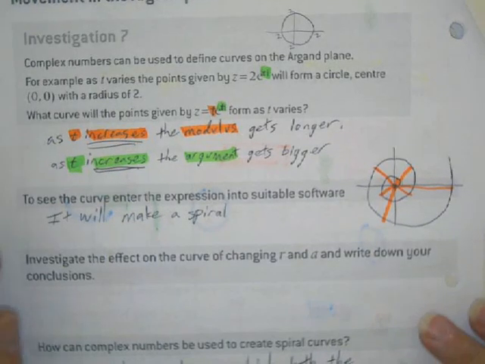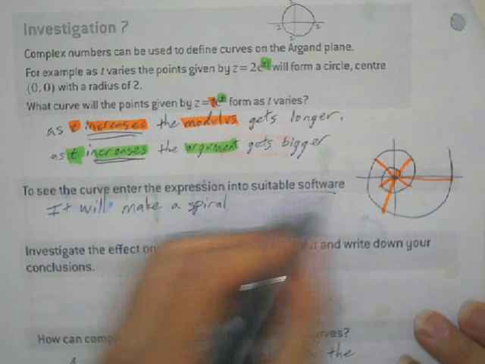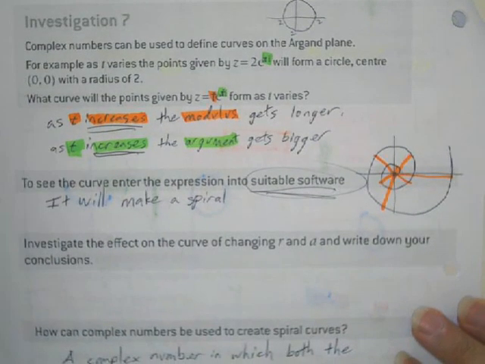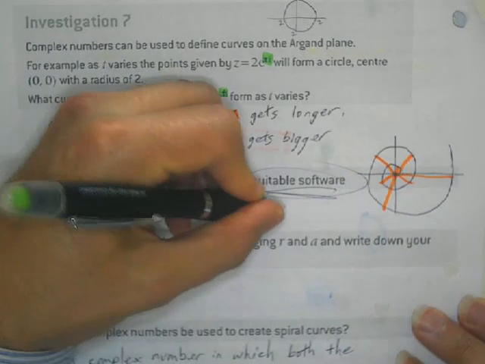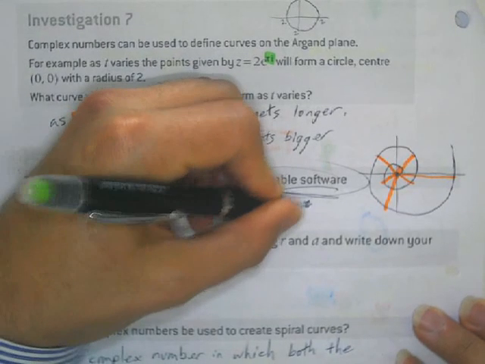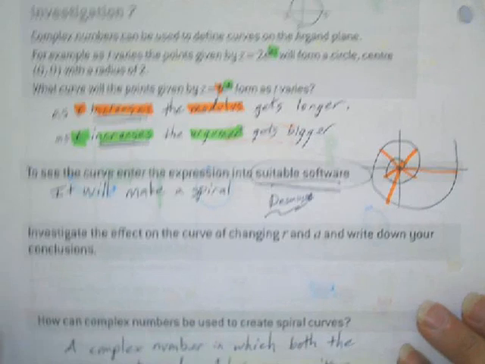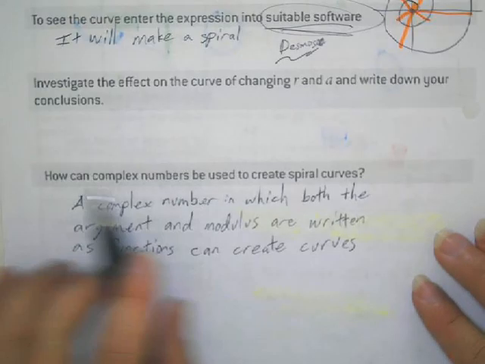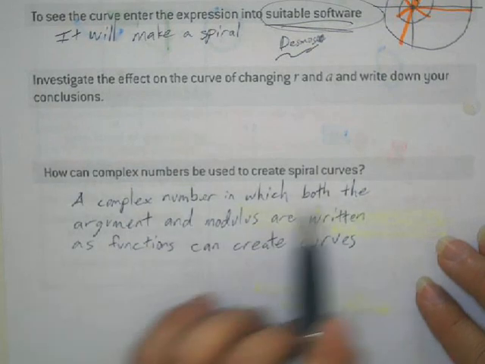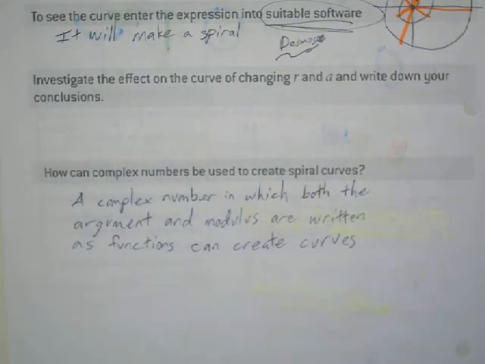Okay, so we will practice with suitable software in a Desmos activity. And how can complex numbers be used to create spirals? A complex number in which both the argument and the modulus are written as functions can create curves.